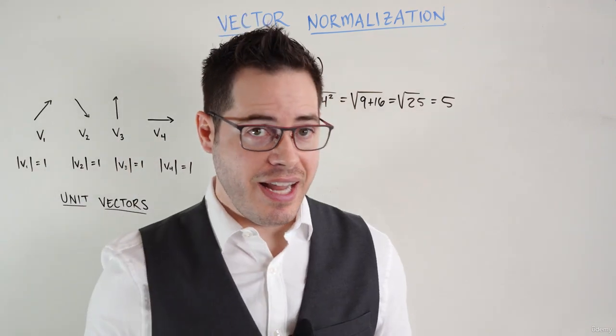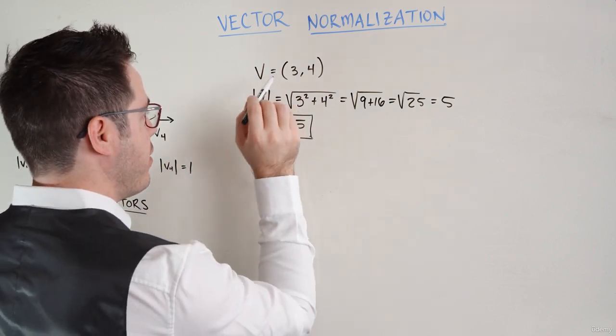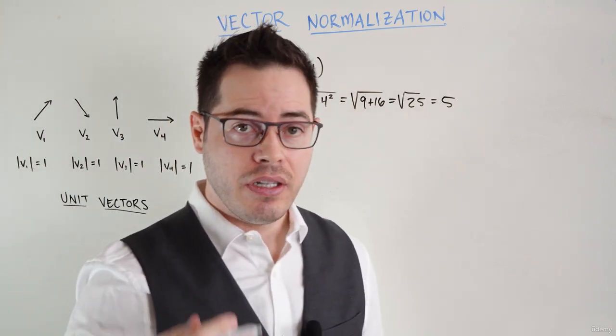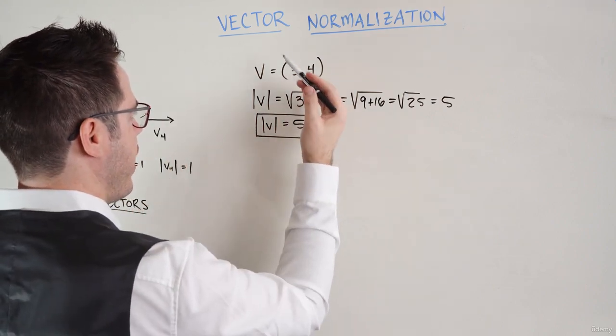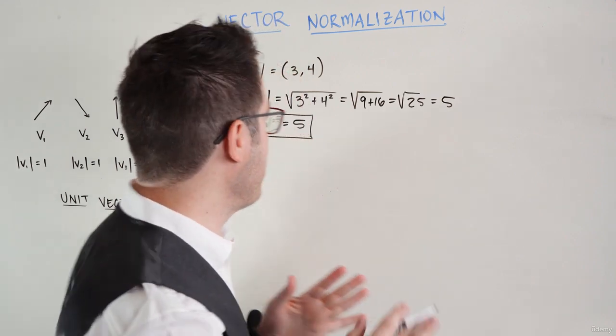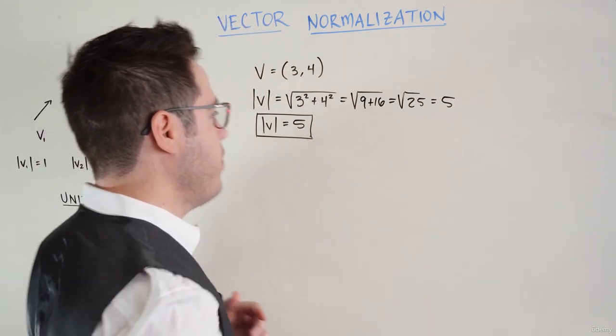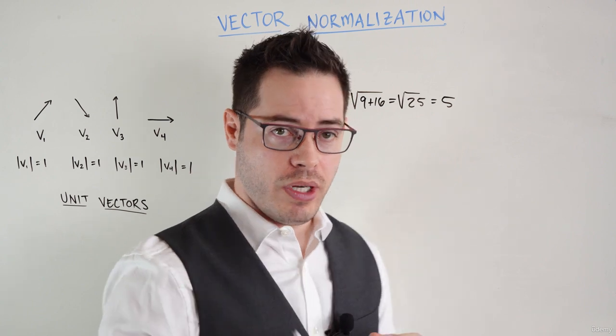So we see that this is not a unit vector, but let's say we'd like a vector pointed in the same exact direction with a magnitude of 1. Well, we've seen that we can scale vectors by a scalar value. And if we want the unit vector in the exact same direction as the vector 3, 4, we want to reduce that vector down to a length of 1.